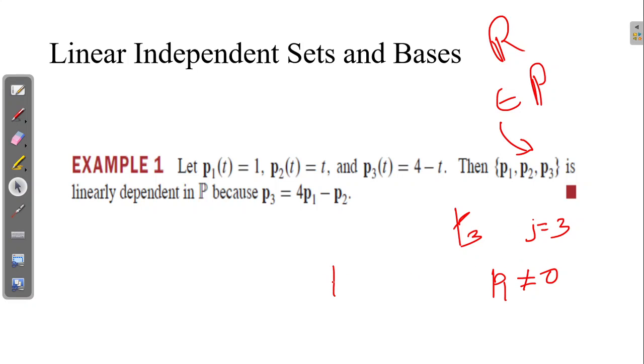So p3 is a linear combination of p1 and p2.